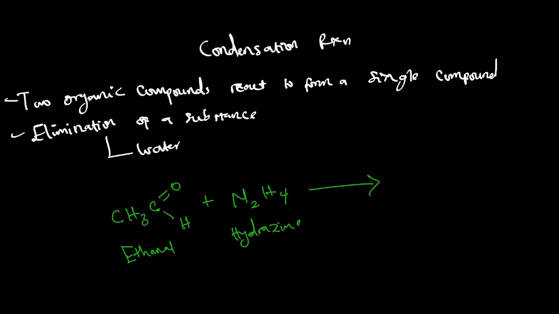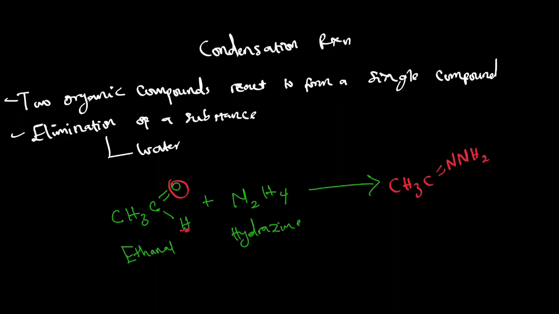Known as ethanol hydrazine, which is CH3C, this C here, but this O we have to leave. So I will have it this way: NH2, these still remain in place.